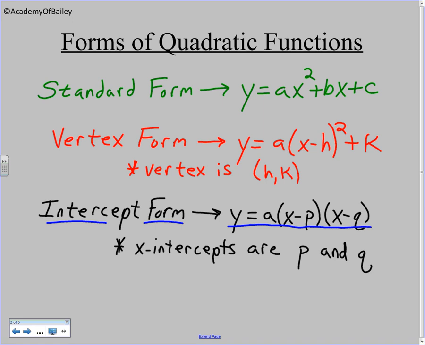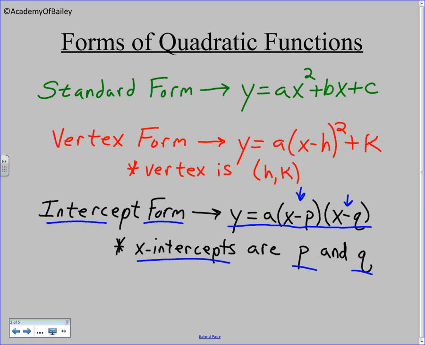And what this is going to tell you is that the x-intercepts are going to be p and q. Remember, you do have to pay attention that those are minus signs. So p and q are really the opposite of what you're looking at there, if that makes sense.